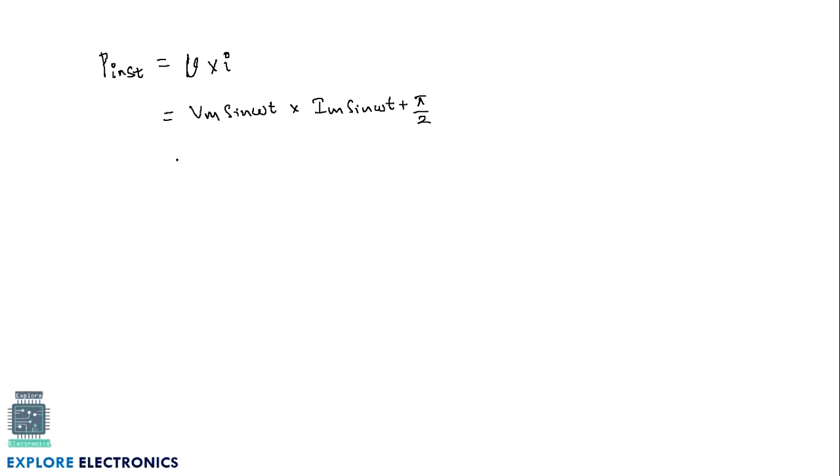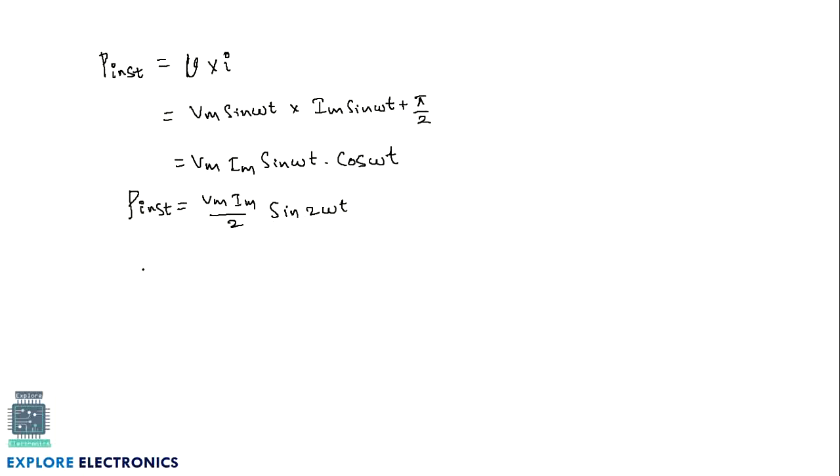So it is Vm Im sin omega t times sin omega t plus pi by 2, which is cos omega t. So it is Vm Im divided by 2 into sin 2 omega t. This is the instantaneous value of power.